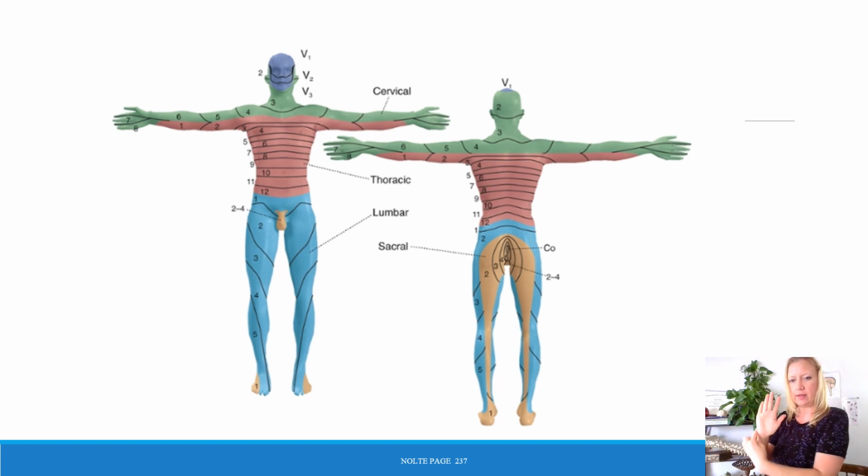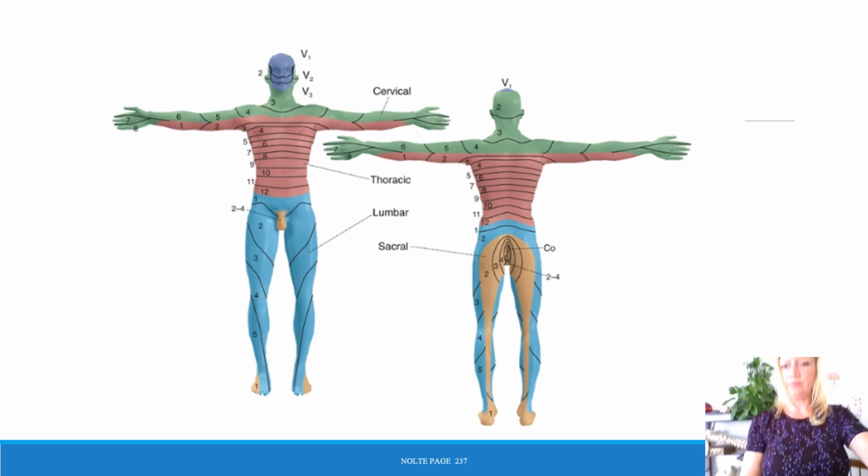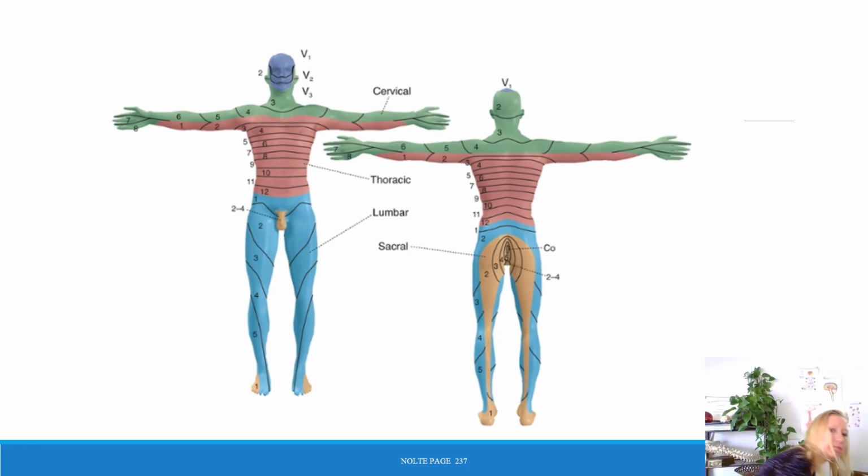C8 is this edge here, T1, and then kind of into the armpit, T2. Okay, so C5, C6, C7, C8, T1. I know you can't see that, but we're just going around the hand, right? So starting at the top here on the lateral aspect, 5, 6, 7, 8, T1, T2. Okay, so you just go around your hand. Let me grab my chair.